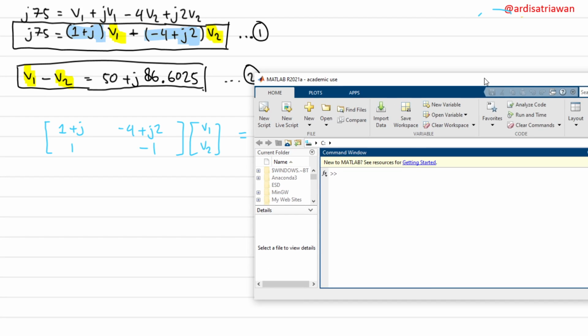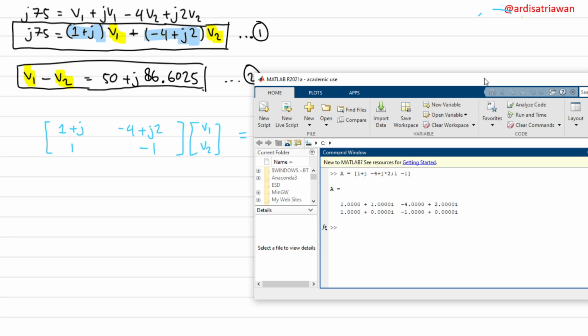Let's write that first. Our A matrix is the matrix on the left hand side, so we'll have 1 plus j, and then minus 4 plus j multiplied by 2. Then on the second row we will have 1 and minus 1.